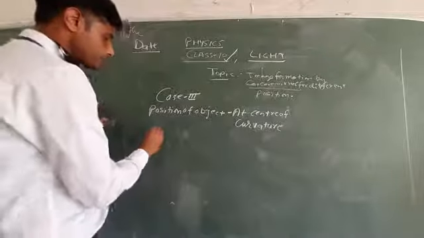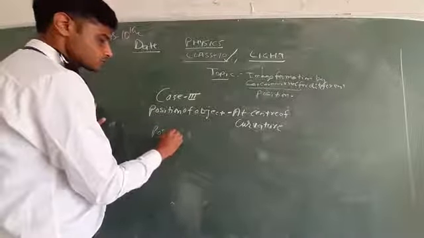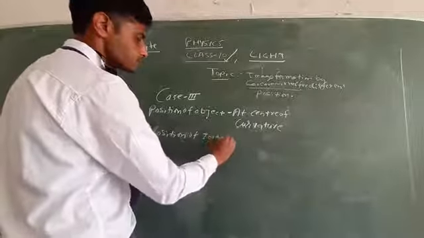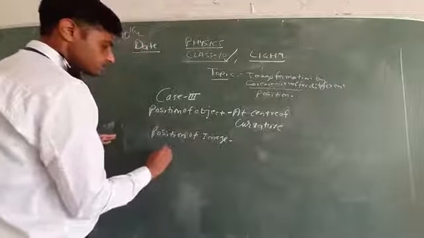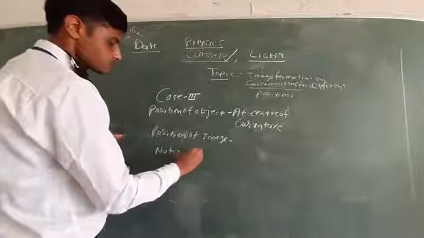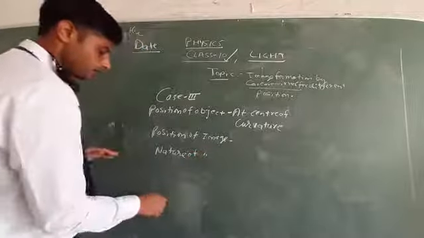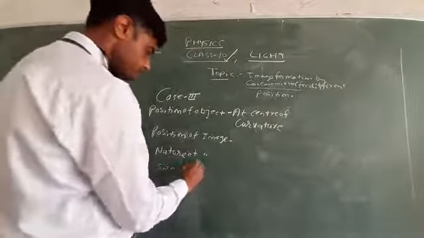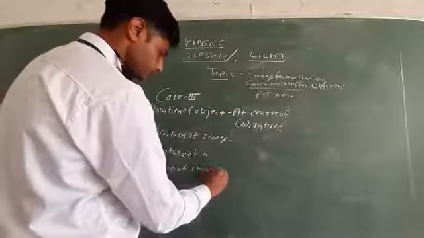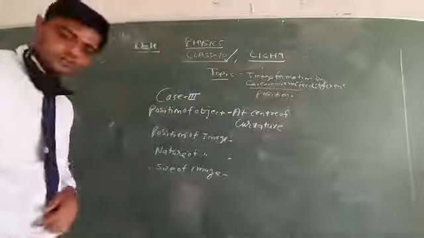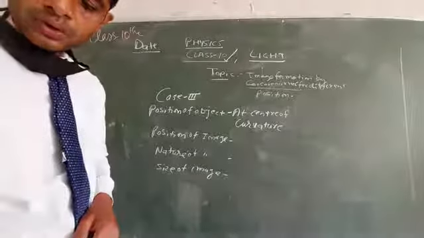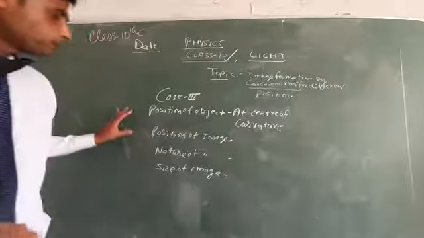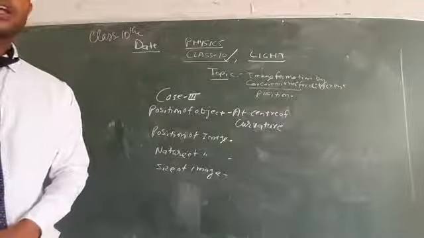Now we have to find the position of image, nature of image and size of image. So you can draw the ray diagram to find the position, size and nature of the image.